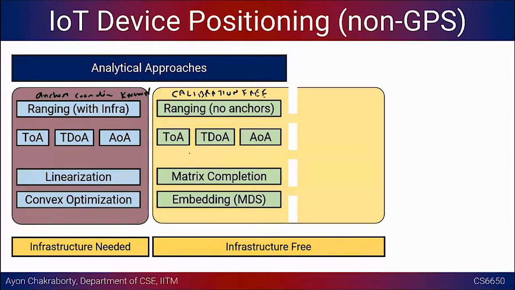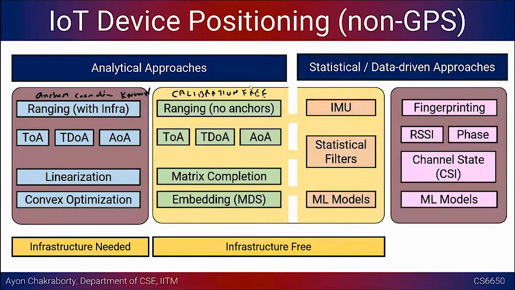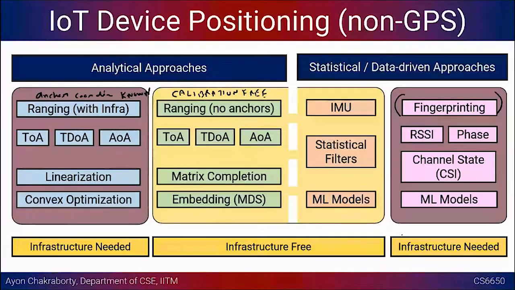Okay, and apart from these analytical approaches, you also have these data-driven approaches that I was going to talk about. These are statistical or data-driven approaches. One is fingerprinting. So this is what I'm going to discuss today. This is where you need infrastructure. Like wherever you needed the anchors to be deployed, this one also requires infrastructure.